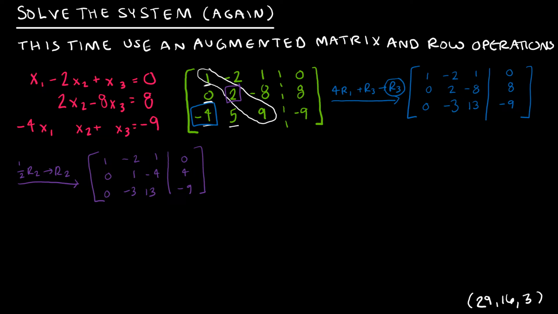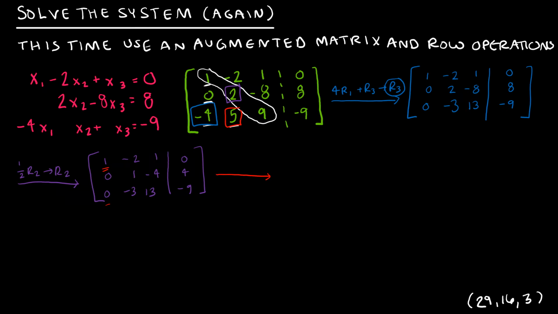Now what I need is this guy to be a 0. When I'm turning something into a 0, usually that means I'm going to use the row operation where I'm multiplying and adding together. I could obviously use row 1, but then this guy is going to become problematic because I'm probably going to end up screwing up my 0, and I don't want to backtrack and redo work.